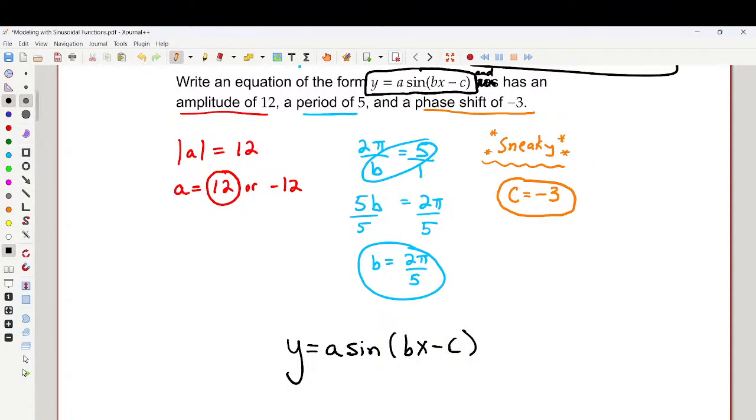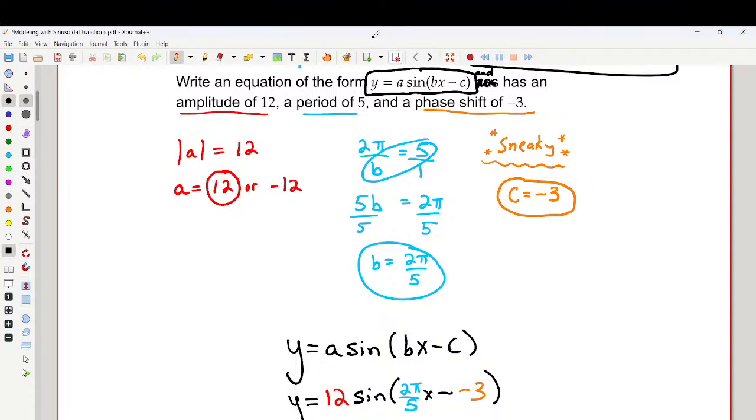And I'm going to tell you what's going to be marked wrong. This would be marked wrong. So I don't know how to say this without just doing it. If you wrote 12 sine 2 pi over 5 x minus negative 3, that would be marked wrong.